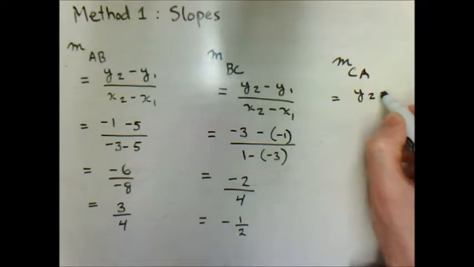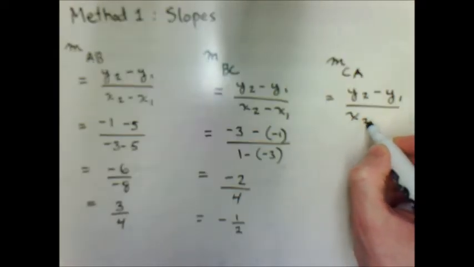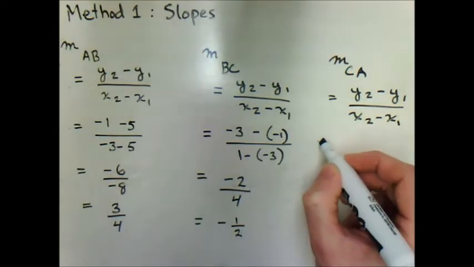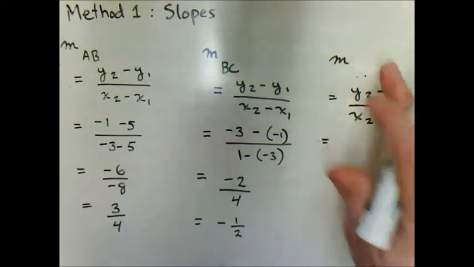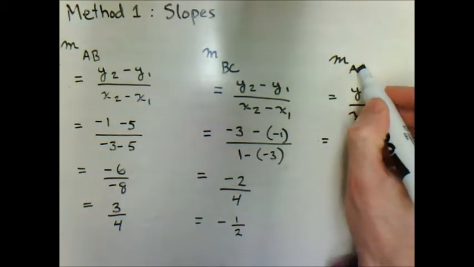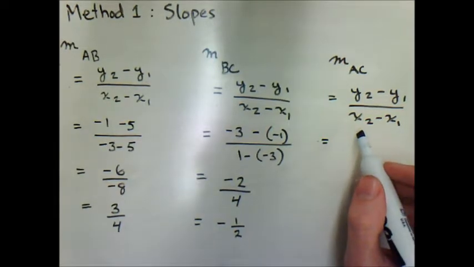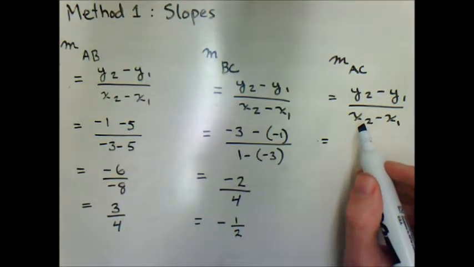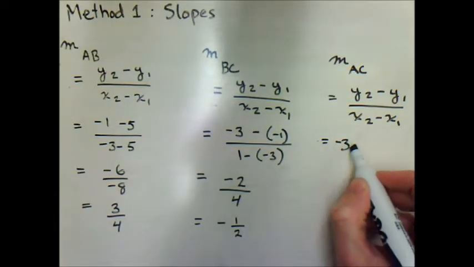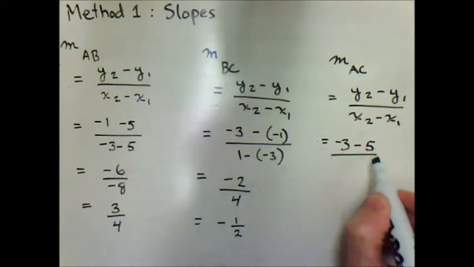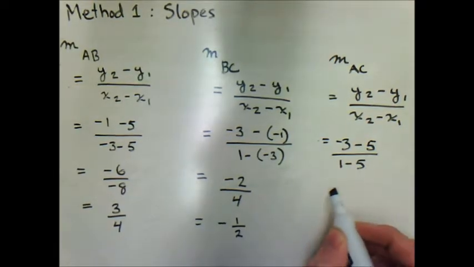Again, our formula for slope, change in y over the change in x. Sub in the values that we know, and I'm actually doing the slope of AC, so I'm using C as our second point and A as our y1 and x1. -3 minus 5 in the numerator, and in the denominator, our run is 1 take away 5.